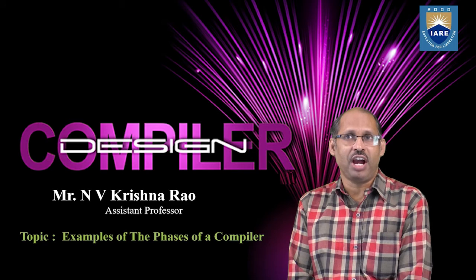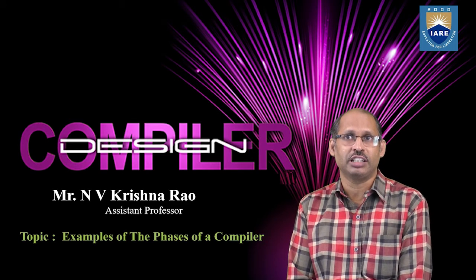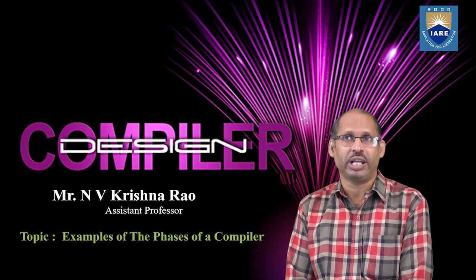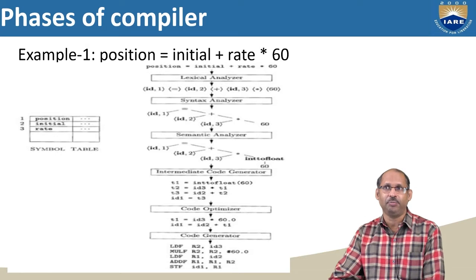In the last class, we discussed the phases of a compiler and saw one example of how each phase converts the source program to the target program. Now we are discussing one more example. Here our example is position equal to initial plus rate into 60.